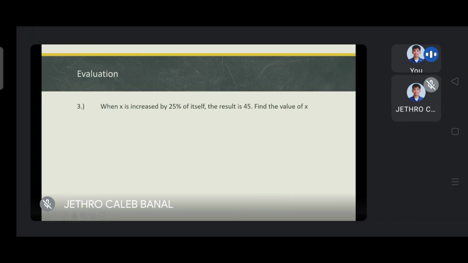And then from the right hand side of the equation, dun ko naman ilalagay yung result na 45. So, paano natin nasulat ng ganito yung equation? Ang sabi kasi, when x is increased by 25% of itself, meaning the value of x nadagdagan pa ng 25% ng value ulit ng x, ang magiging sagot ay 45.